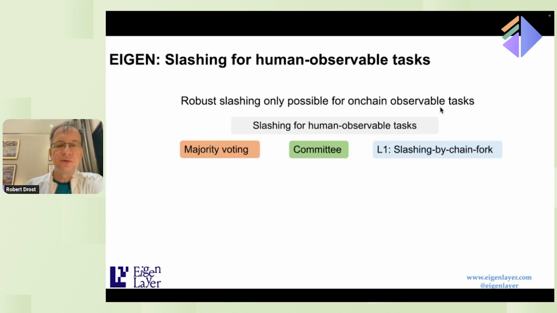You don't need to trust another person at all or have any kind of shared belief. So these are the types of things you can do with on-chain observable tasks: L1 slashing, slashing by chain fork.